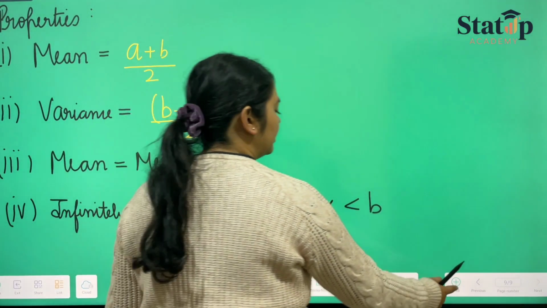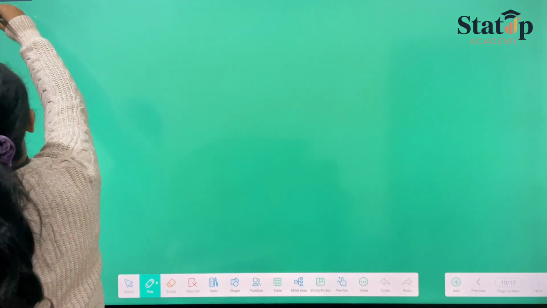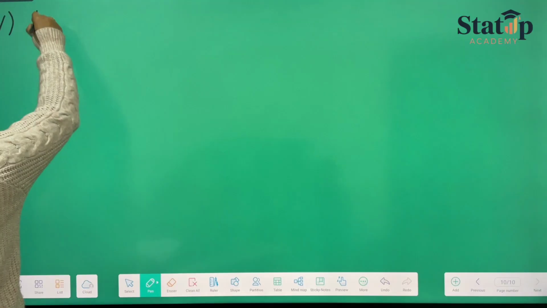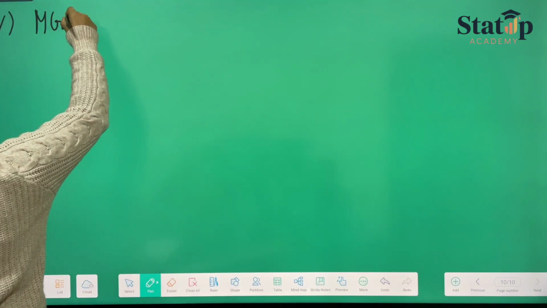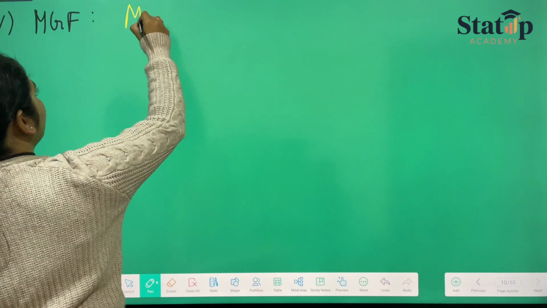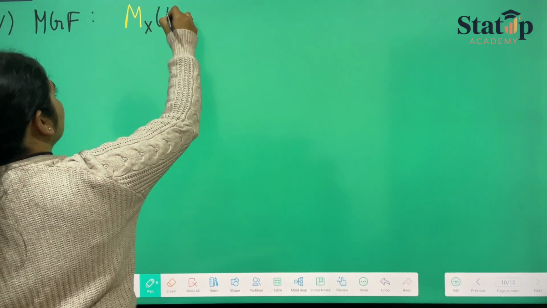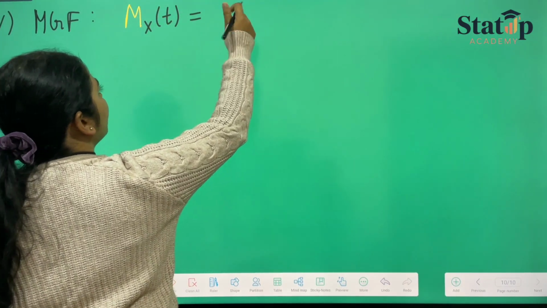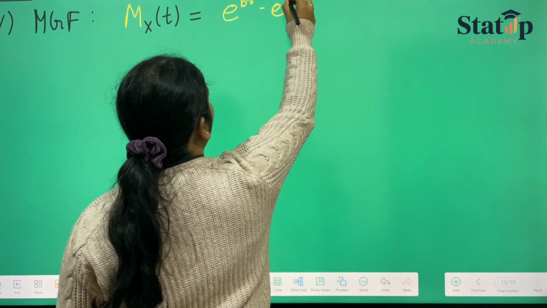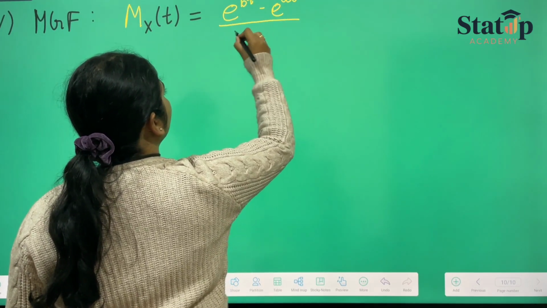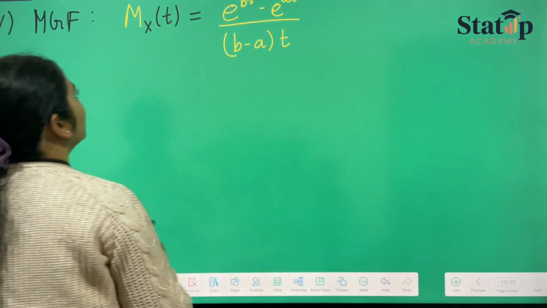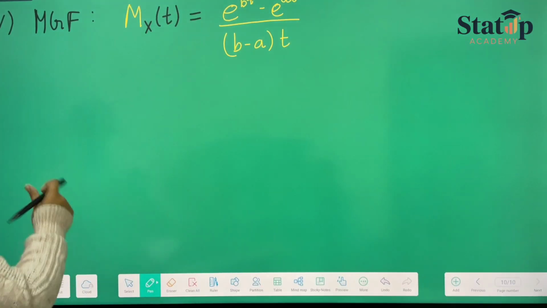The fifth property: if we have to calculate the MGF of x having uniform distribution, then it is given by M_x(t) equals e raised to the power bt minus e raised to the power at, upon (b minus a) into t. This forms our MGF.